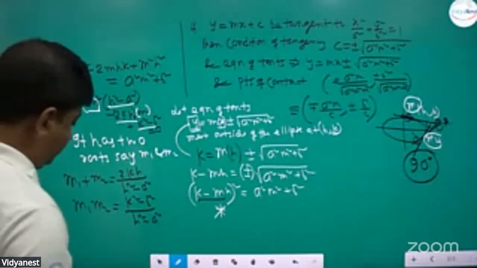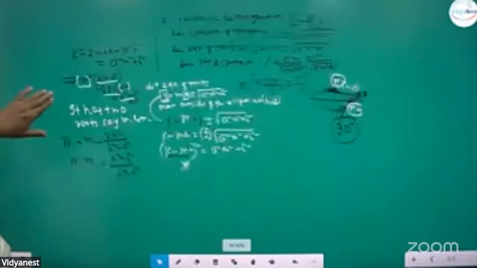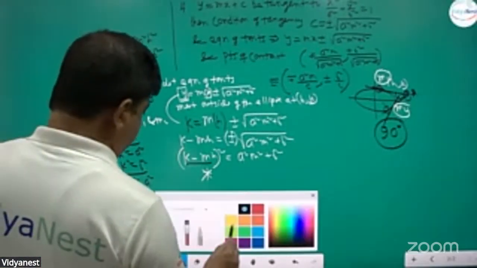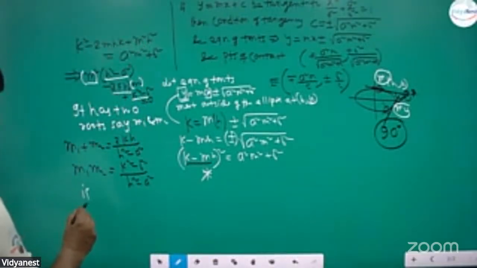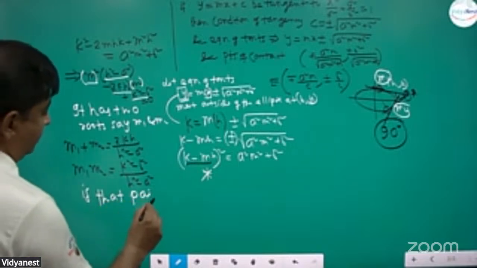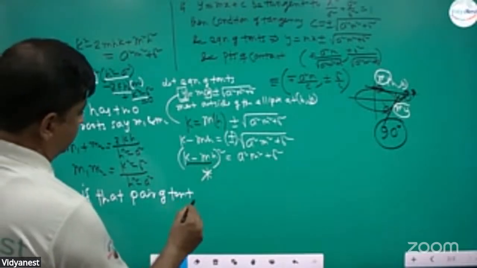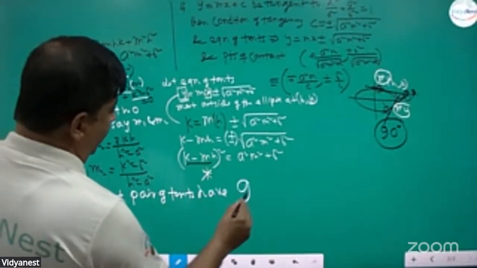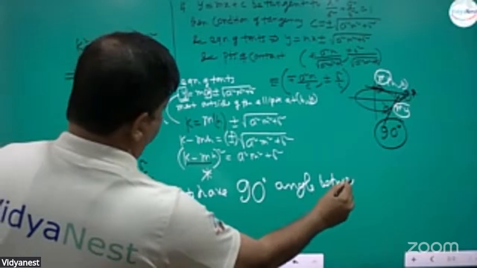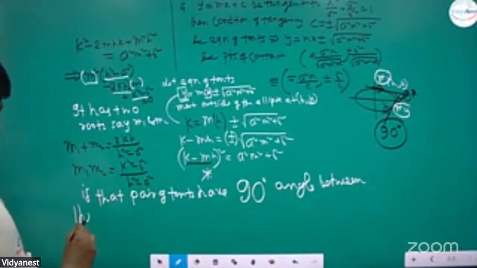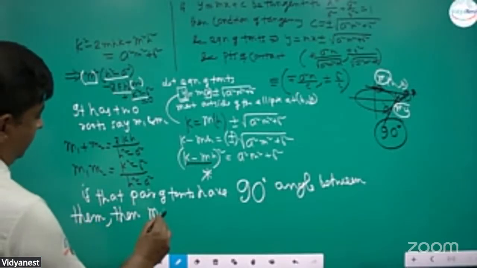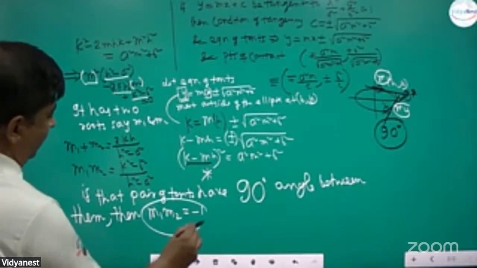See, if that pair of tangents have a 90-degree angle between them, then m1 m2 is minus 1.